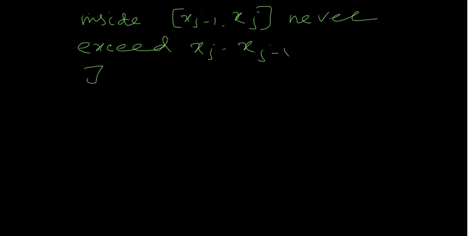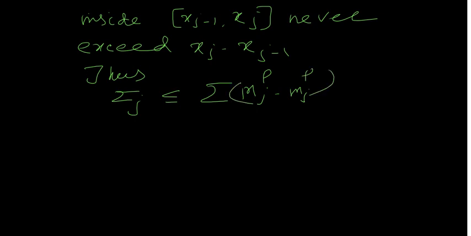Thus we have the following. This jth sum is less or equal to the summation of Mj p minus mj p into xj minus xj minus 1.